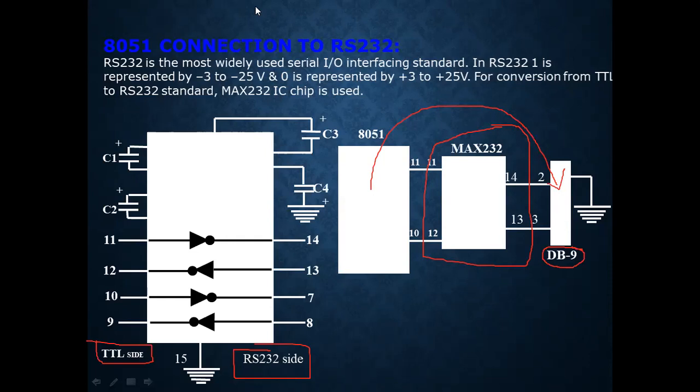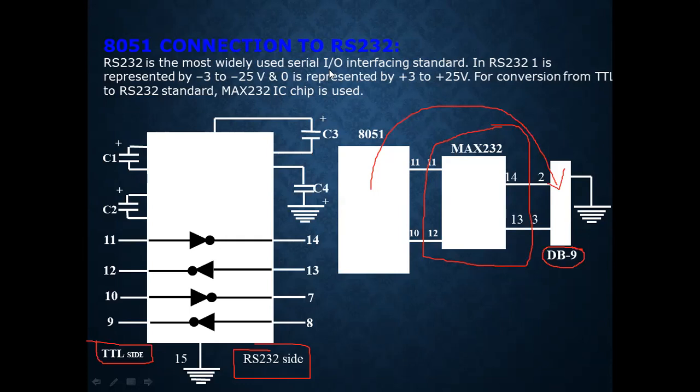RS-232 is the most widely used serial IO interfacing standard. In RS-232, 1 is represented by -3 to -25 volts and 0 is represented by +3 to +25 volts. So just the opposite, just the complement. For conversion from TTL to the RS-232 standard, the MAX 232 chip is used. Understood what the use of MAX 232 is? Why can't RS-232 be directly used with 8051?